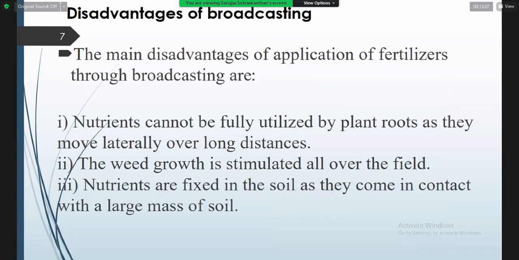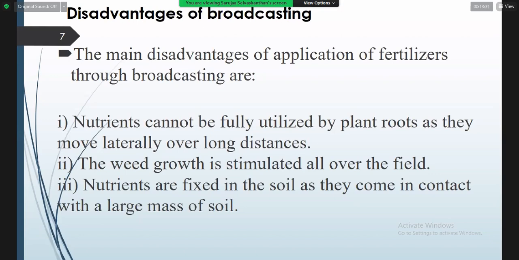Now the disadvantages of broadcasting. The main disadvantage of applying fertilizer through broadcasting is that the nutrients cannot be fully utilized. For example, if an area has 5 plants, the required amount of nutrition for 5 plants is very small.